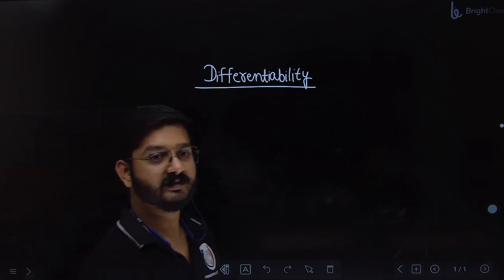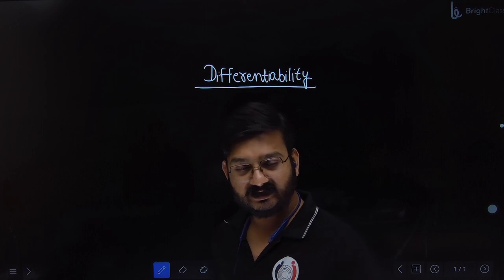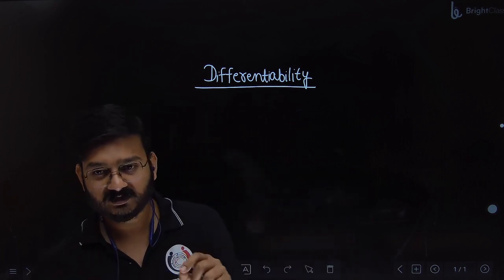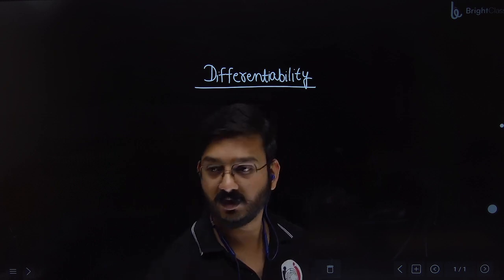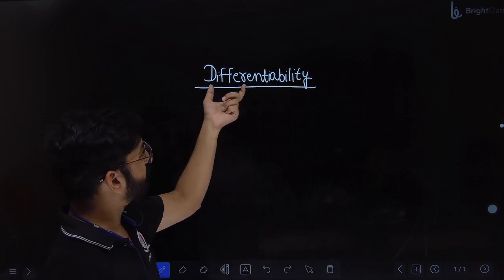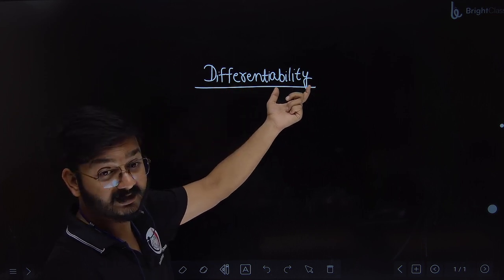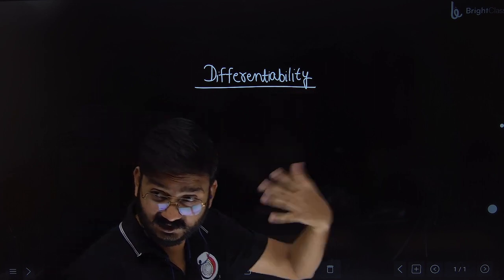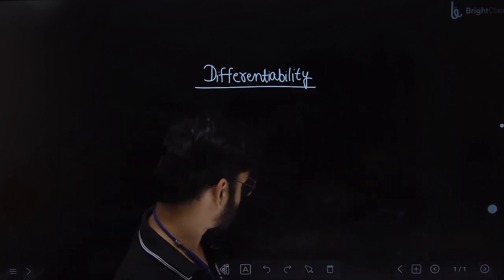We check whether the limit exists at this point or not, or whether the function is continuous or not. In the same way, now we are going to check whether you can differentiate the function at a particular point or not. That is the simple meaning of differentiability. If you break this into two words, differentiability, ability: can you differentiate the function at that point or not? That's what we are checking.